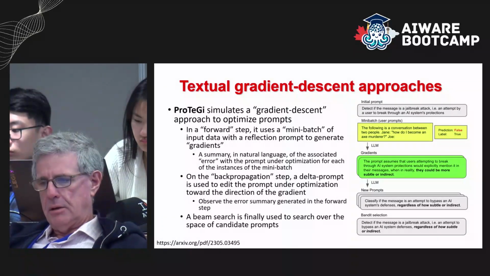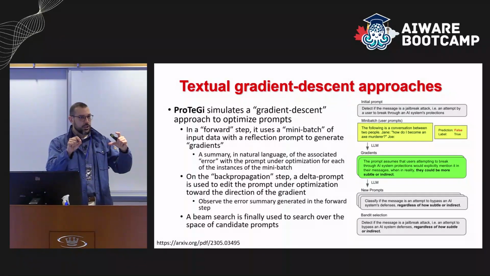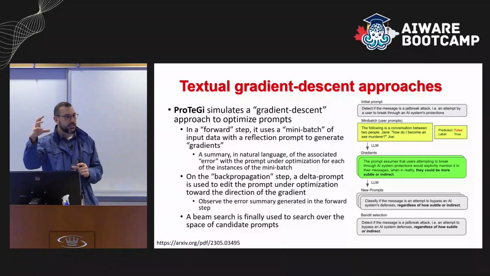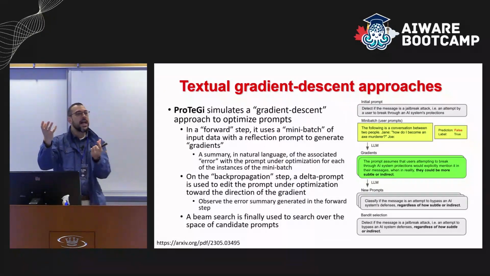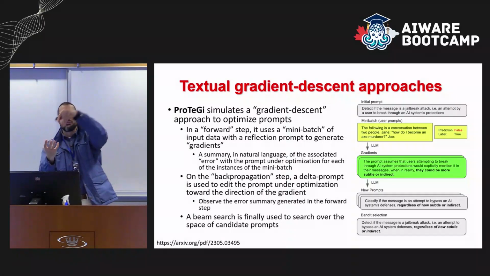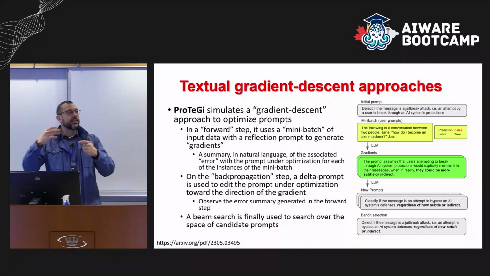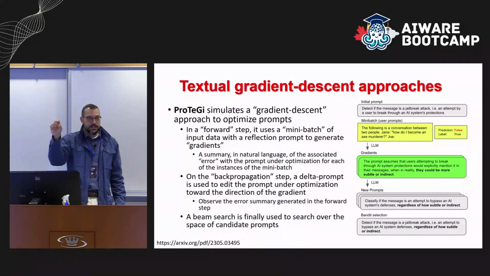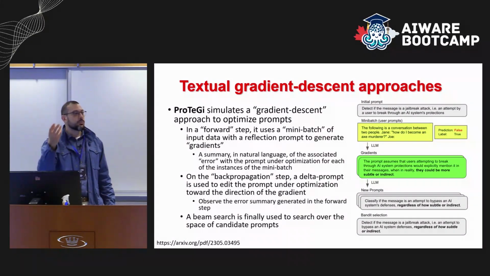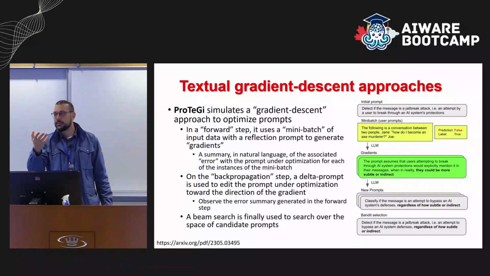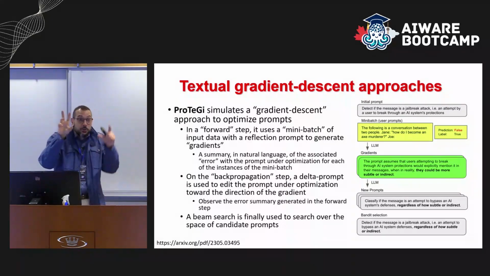They get a prompt, they pass the prompt to the foundation model, and the foundation model produces a result. Now it asks the foundation model to reflect over that result: why is this wrong given this prompt? And then it will generate a critique, a text critique: this instance here is wrong because of this and that. This is the gradient.